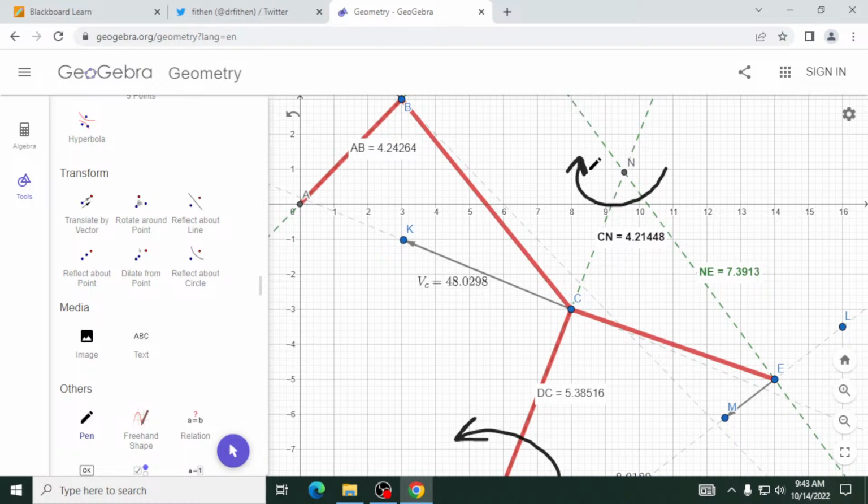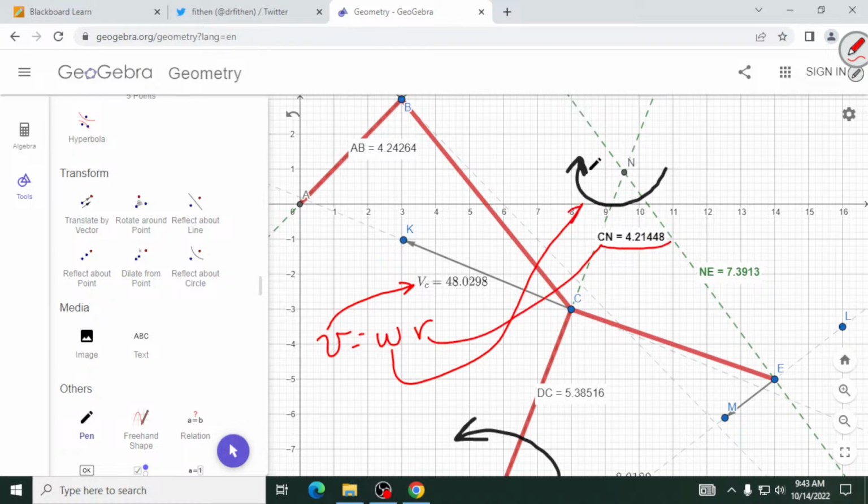I want to know what that omega is. So how do I find that? Well, V always equals omega R. It just depends on which V, which omega, and which R. So this is my V, that's my omega, and the R I'm looking for right now is the one from here to here.